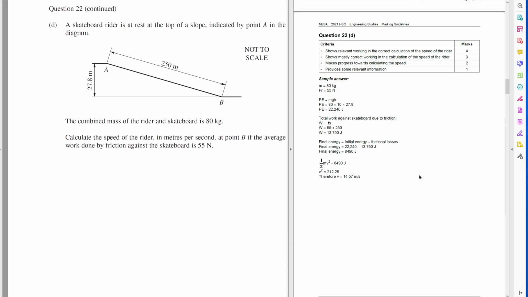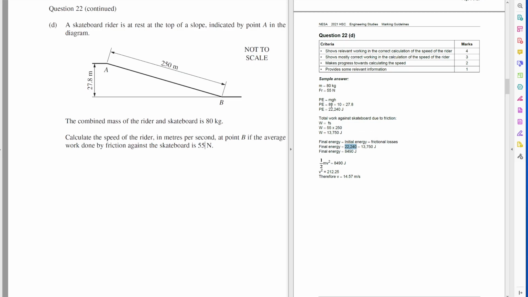Okay, so in this case, final energy equals initial energy minus frictional losses. Our initial energy is potential energy, which is mgh, right?